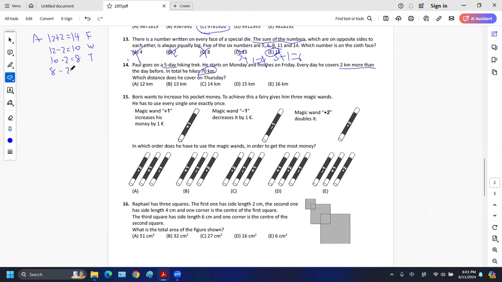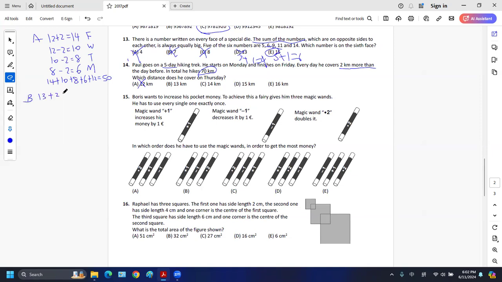And now 8 minus 2 is 6, and that would be Monday. Now 14 plus 12 plus 10 plus 8 plus 6 equals 50, which is wrong because 50 is not 70. So now B.